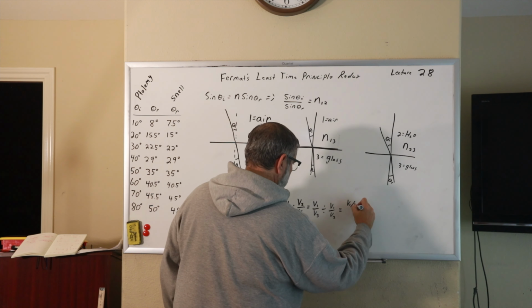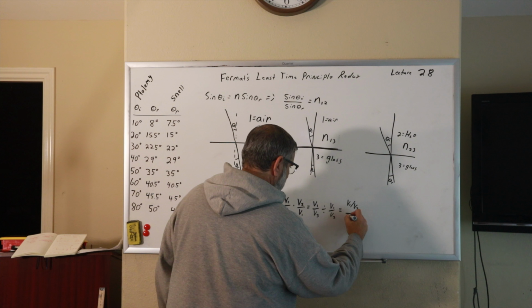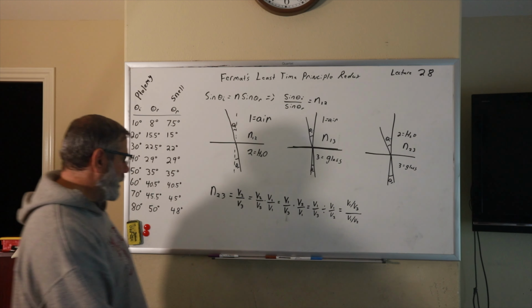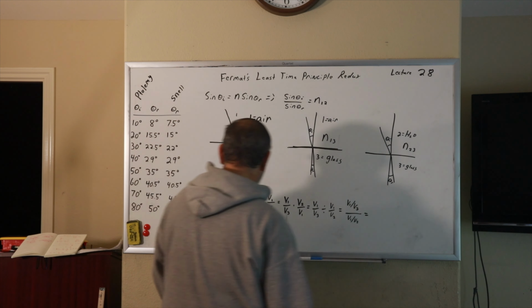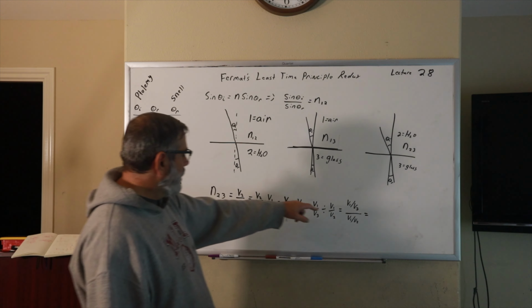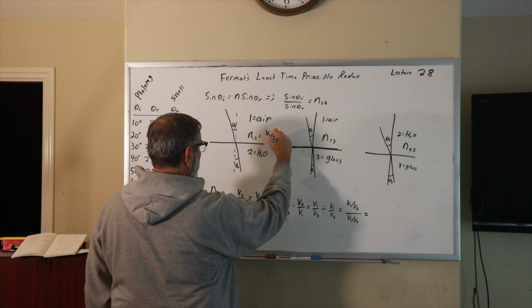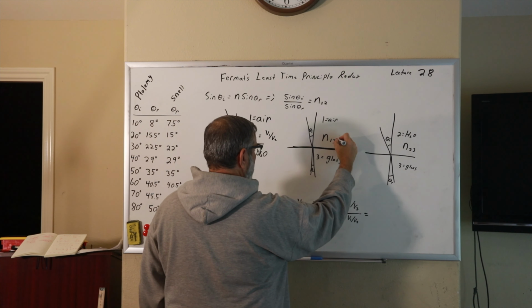But this is just V1 over V3. I'm going to write the fractions a little bit differently now, right? Over V1 over V2. Yes? Yes. And by this convention, N12 is equal to V1 over V2 under Fermat.